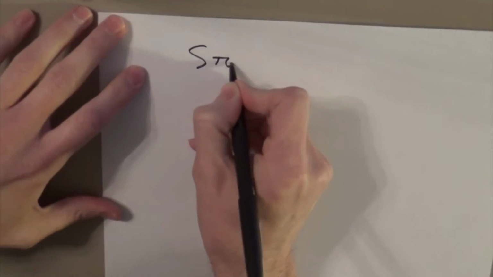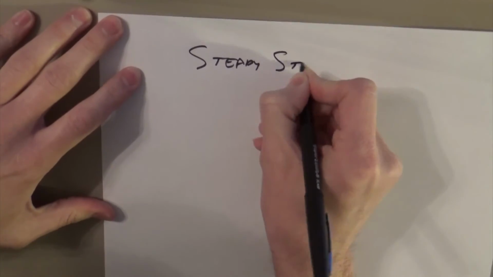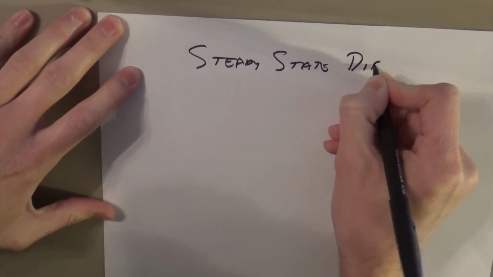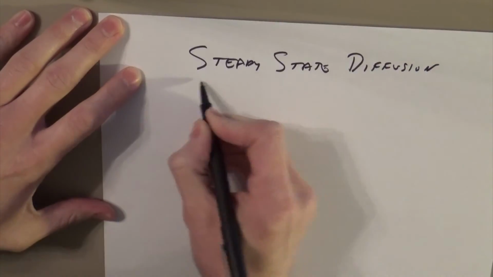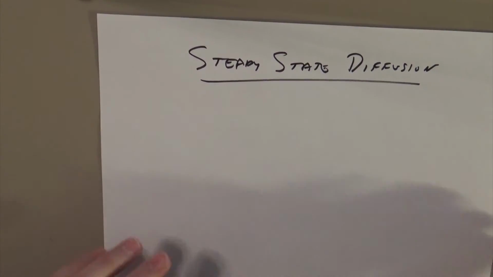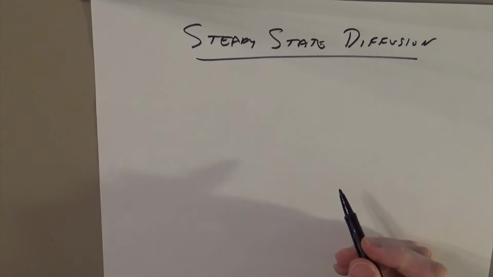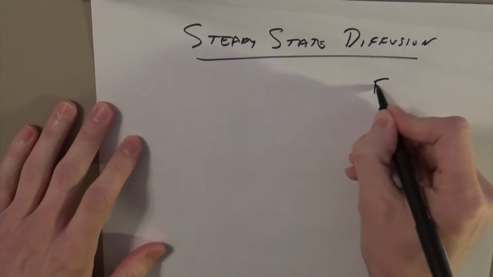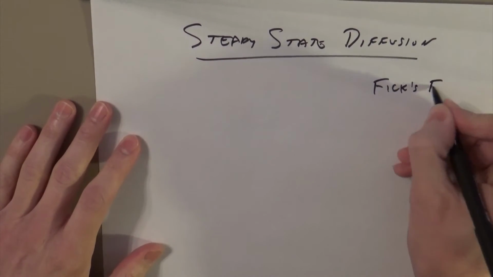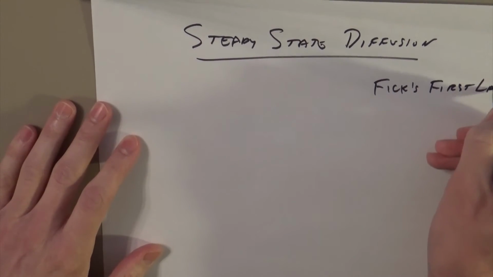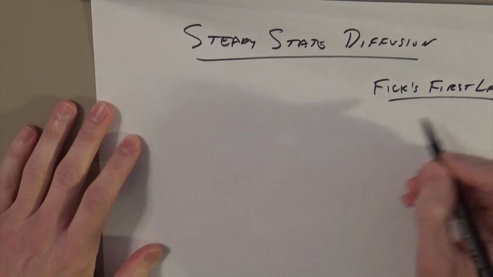In the case of steady state diffusion, and by steady state we're saying that it's a situation that does not change in time, then we have what's called Fick's first law, which governs the behavior.